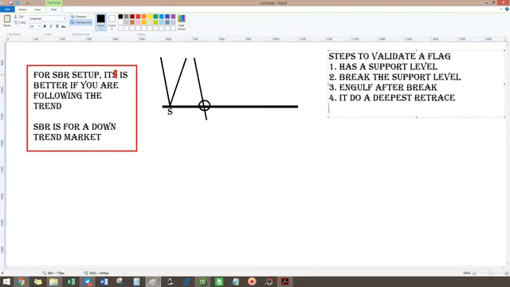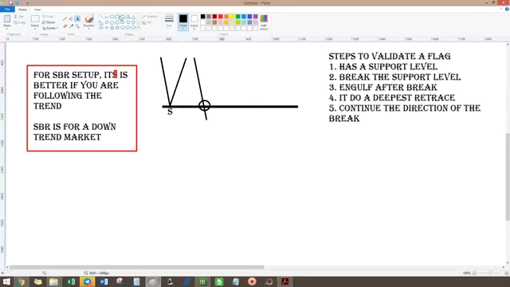Five, continue in the direction of the break. So these are the steps to validate a flag.